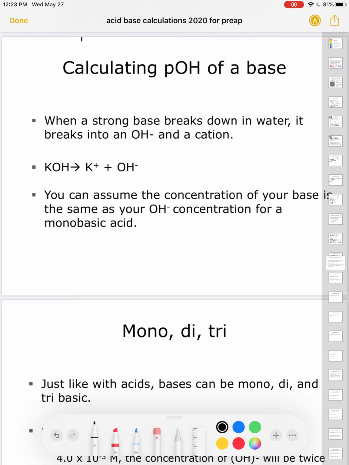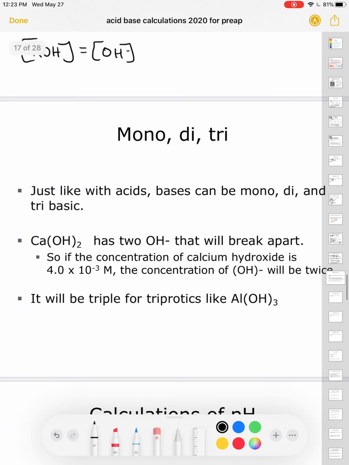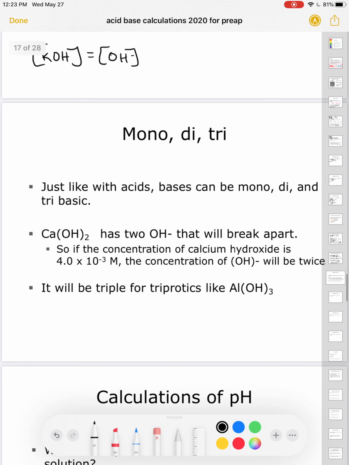Okay, so if you have potassium hydroxide, which is a monobasic base, the concentration of KOH is equal to the concentration of OH minus. So similarly, again, if you have calcium hydroxide, this is going to double the concentration of your hydroxide if you have the same molarity of calcium hydroxide.